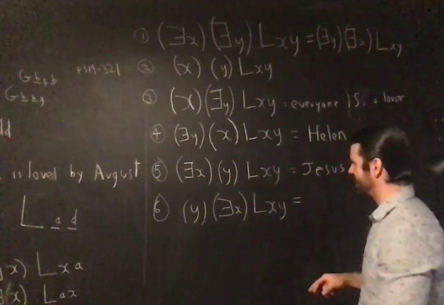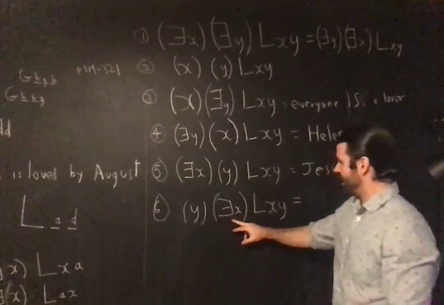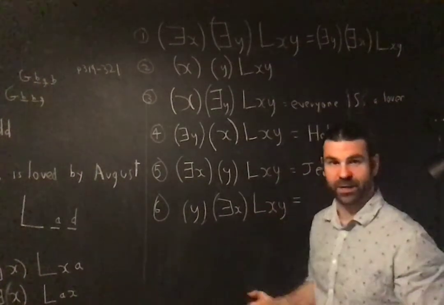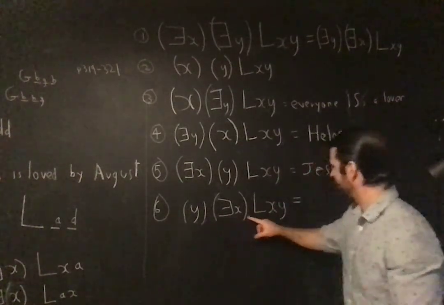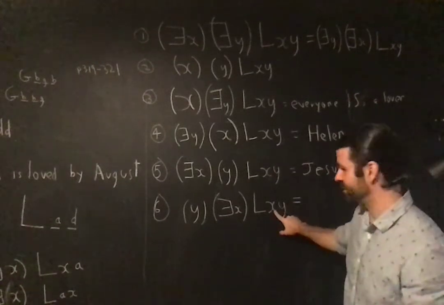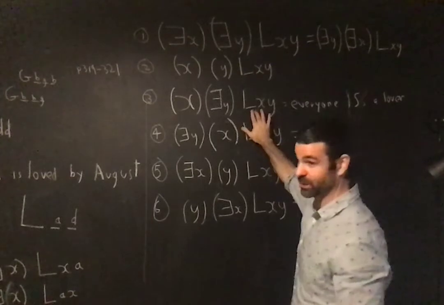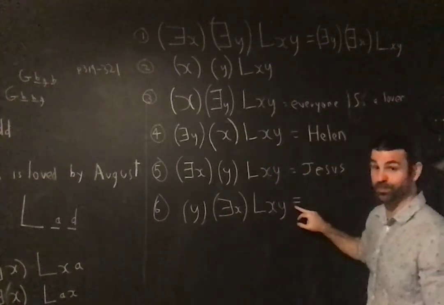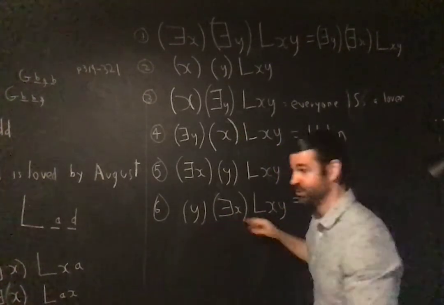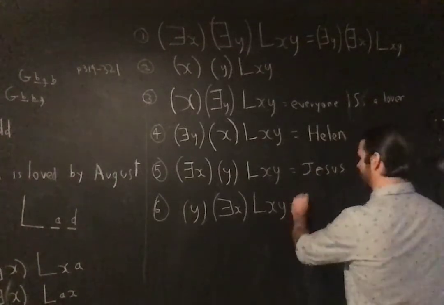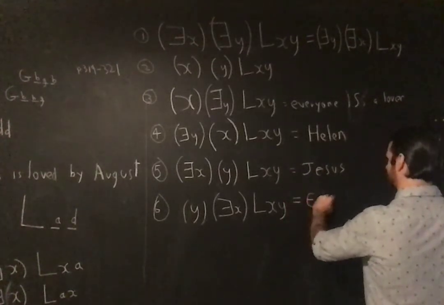This says everyone has a lover, right? Everyone's desire to be loved is satisfied. Everyone's desire to love is satisfied. Everyone's desire to be loved is satisfied, is what's asserted, right? Or, as Klenk put it, everyone has a lover.